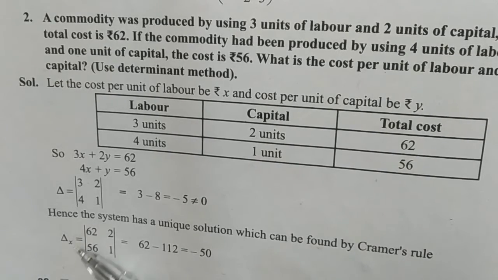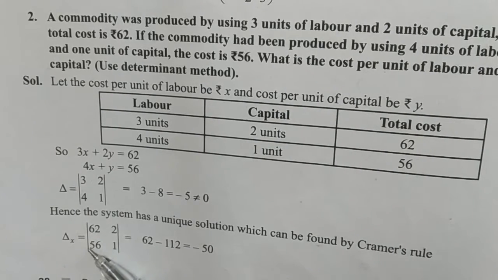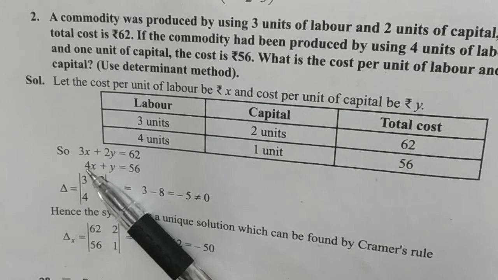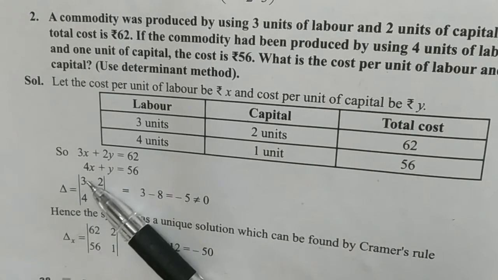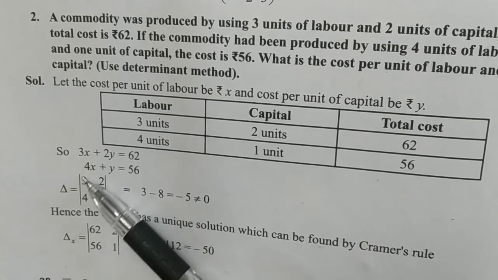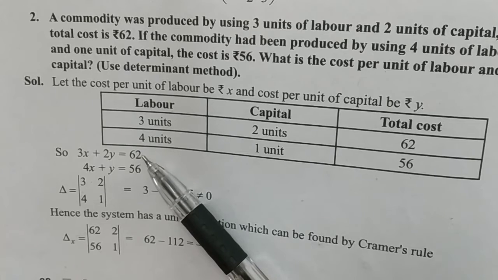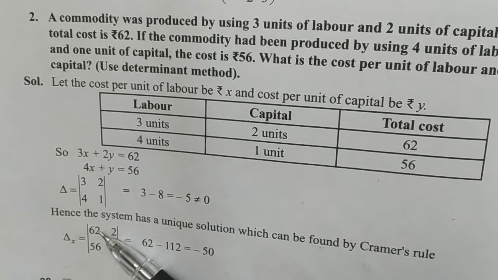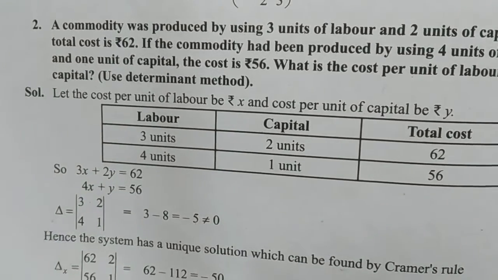So what is the delta x value? How do we find delta x? Delta x: replace the first column. What is the first column in delta? 3, 4. In the first column, replace the values with the constants given here, 62 and 56.